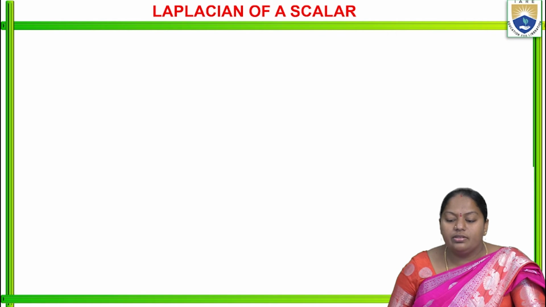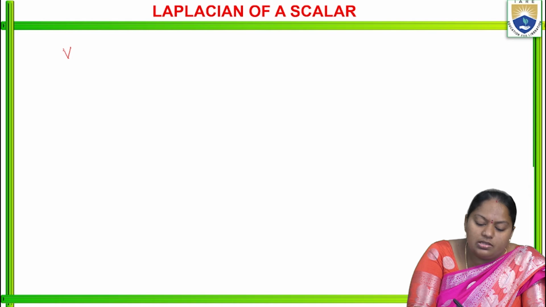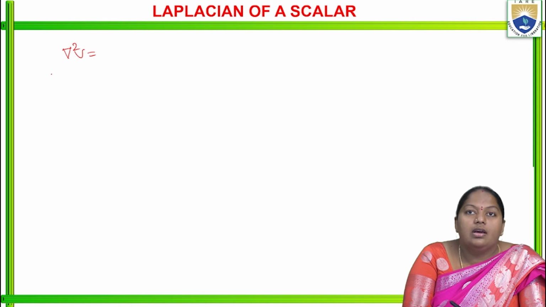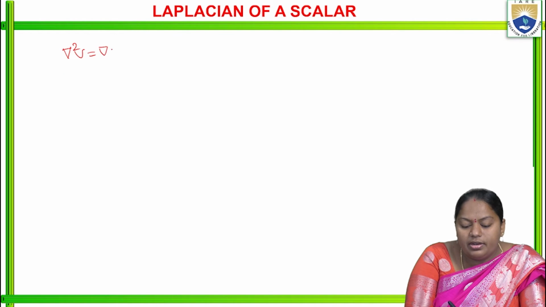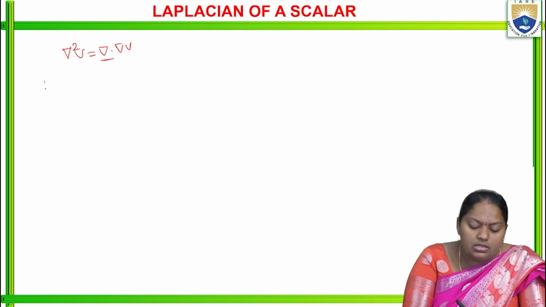Next, Laplacian of a scalar. To write the equation for this, the notation is del square V, and this del square V can be written as del dot del V. Del dot represents divergence, and del V is the gradient of a scalar.